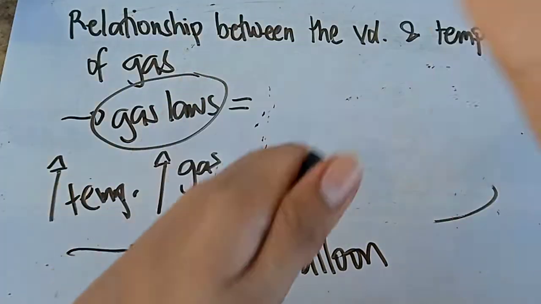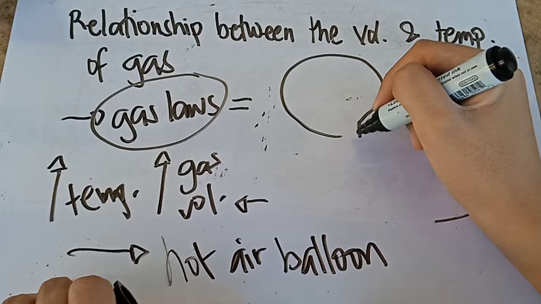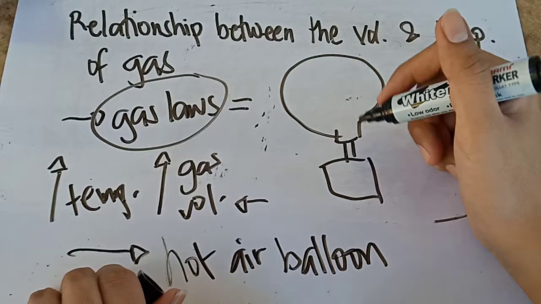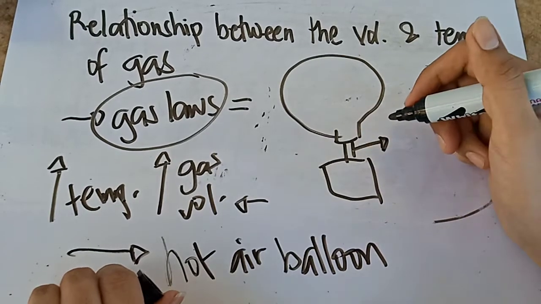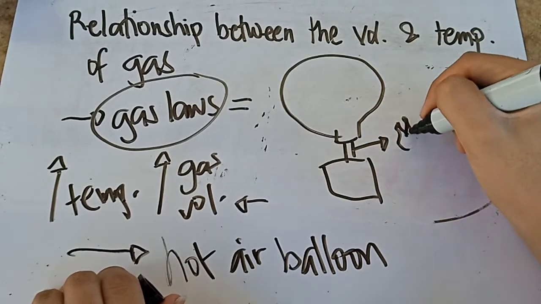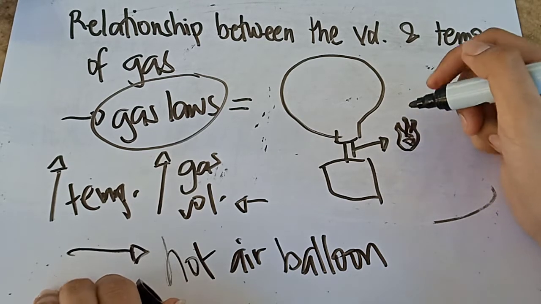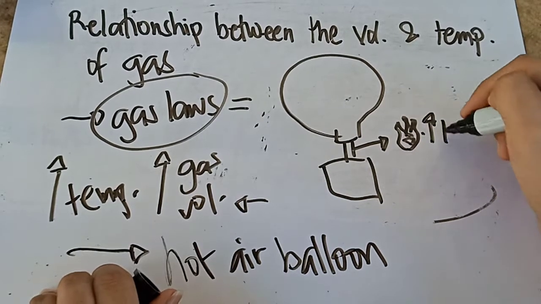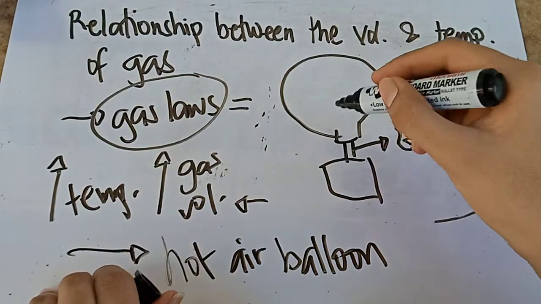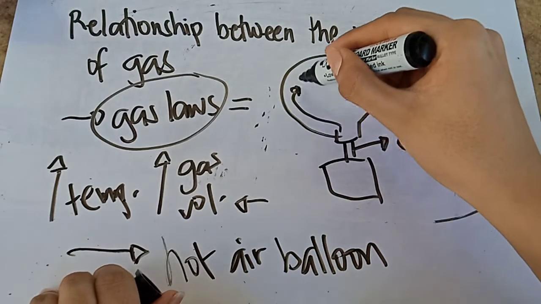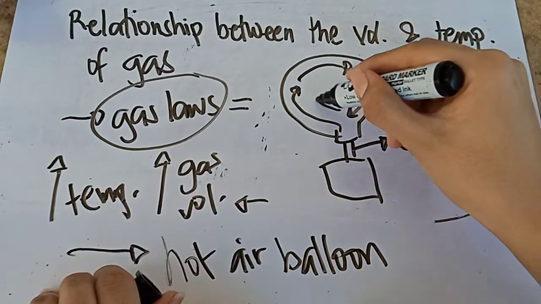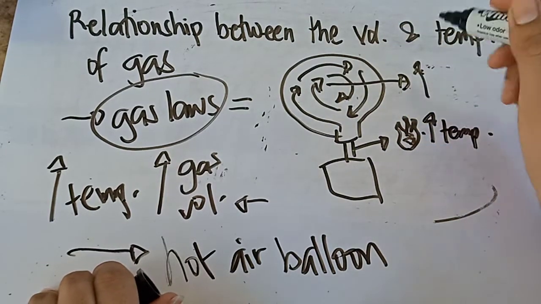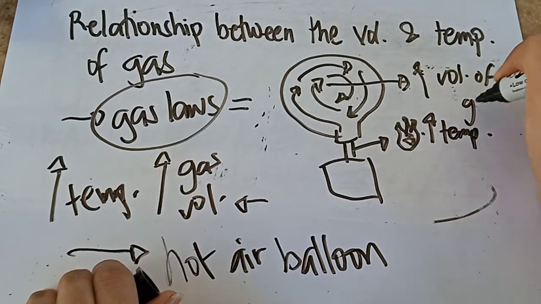As we all know, the hot air balloon is powered by fire inside. So, the bigger the fire, the higher the temperature. And the higher the temperature, the bigger the balloon. Why? Because there will be a higher volume of gas inside.